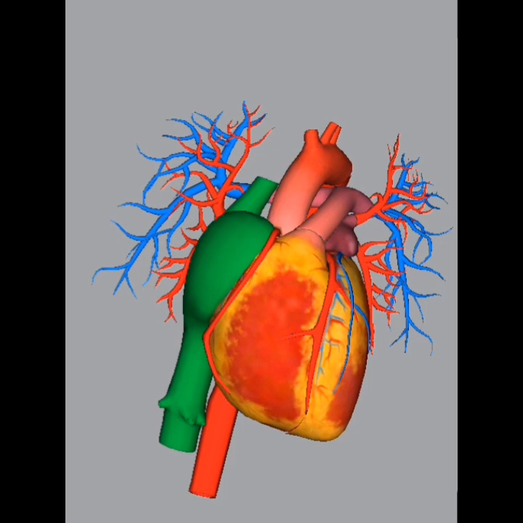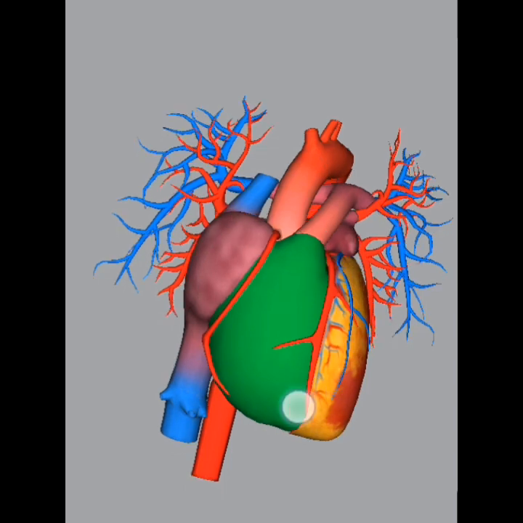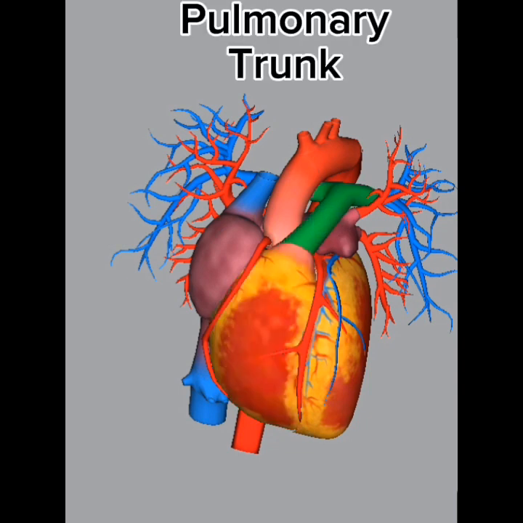The blood from the right atrium then moves to the right ventricle. What this right ventricle does is pump the blood to the lungs to get oxygenated. It does so through this vessel here, which we call the pulmonary trunk.